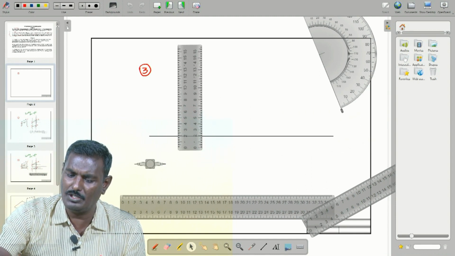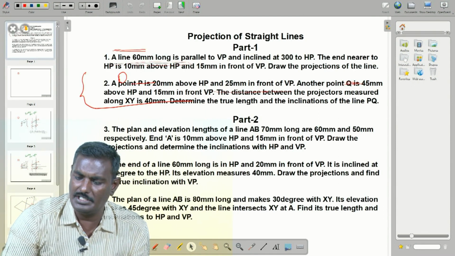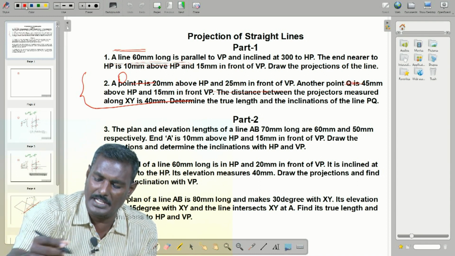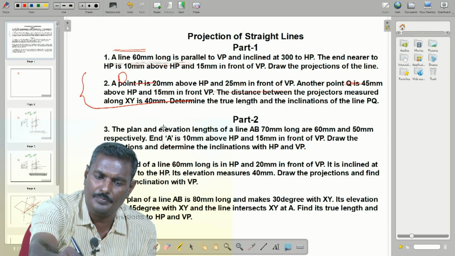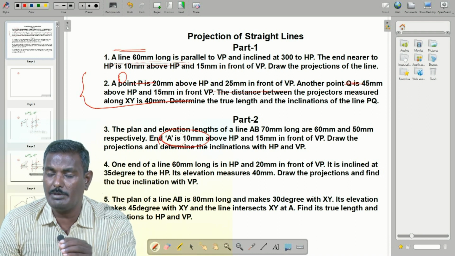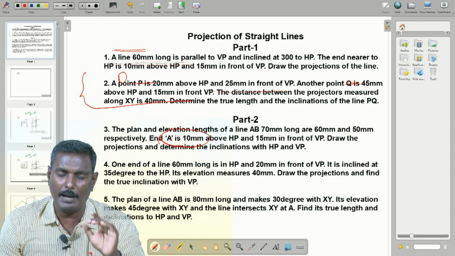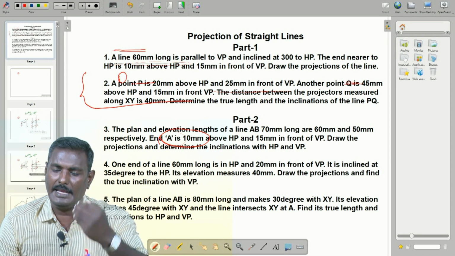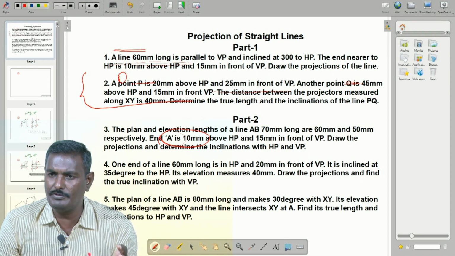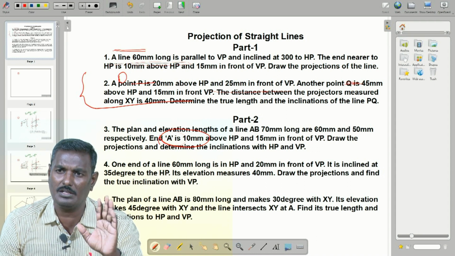Using this perpendicular ruler, I mark 10 mm, as given in this problem for end A. Look here, I place it in red color for variation in thickness. End A is 10 mm above HP. Above HP means it is seen by looking from the front, that is A dash, because capital A represents the true point. The elevation is represented by A dash, and the plan is represented without dash, by small letters.